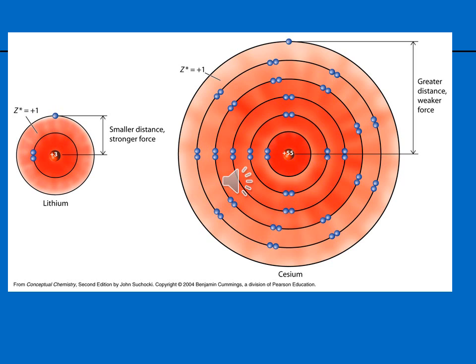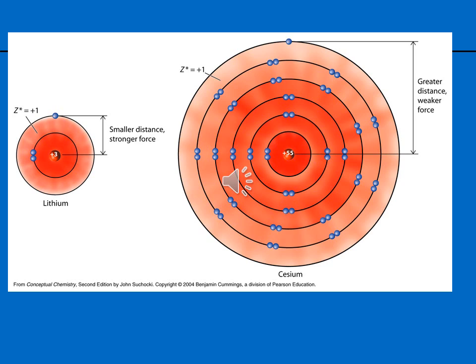But in cesium, the distance between the electron in the outermost energy level and the nucleus is more than the distance between the electron in the outermost energy level and the nucleus in lithium. So the attraction in cesium is less than the attraction in lithium.